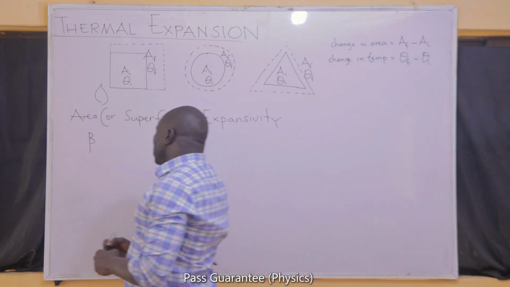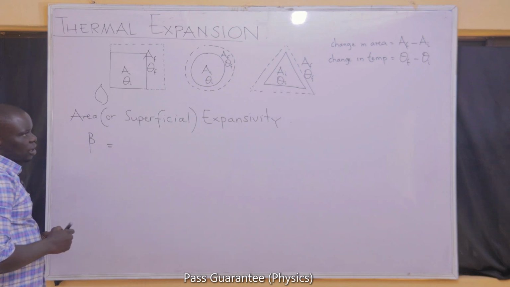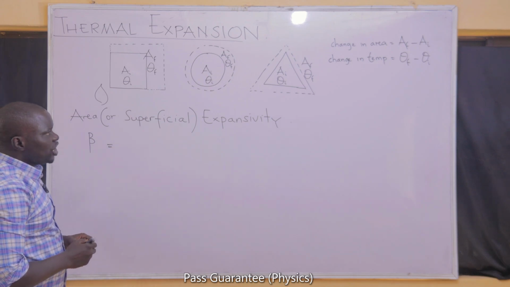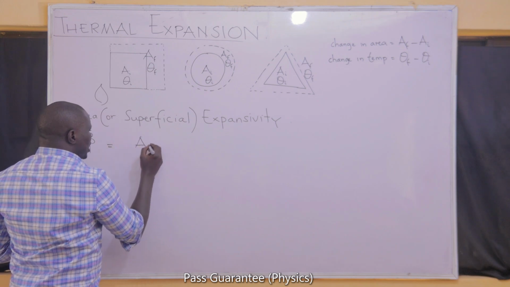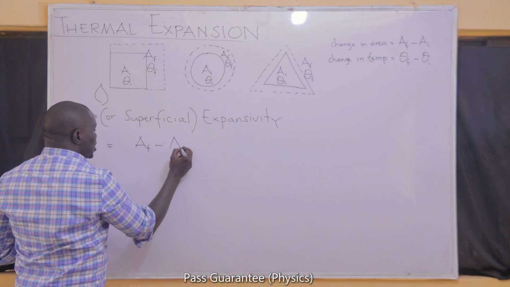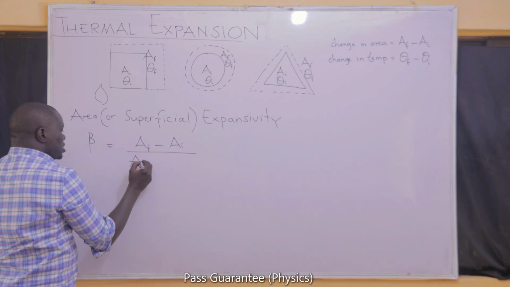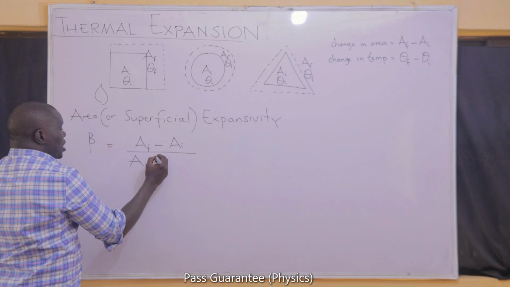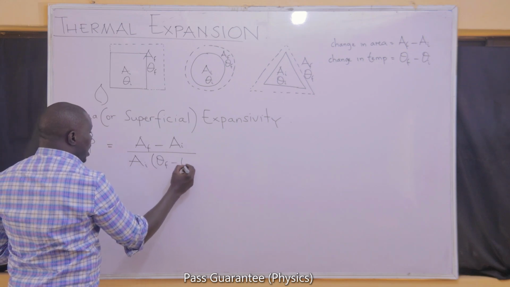If I bring that into this expression using my definition of areal expansion, I will have the change in area or the increase in area, in that case the final area minus the initial area, per unit area multiplied by the change in temperature, theta F minus theta I.